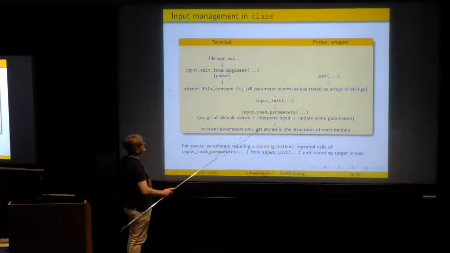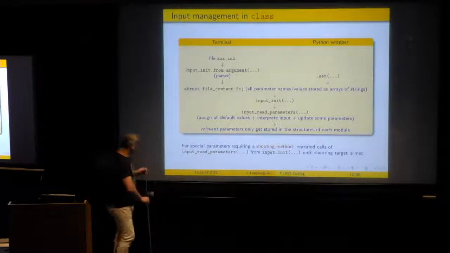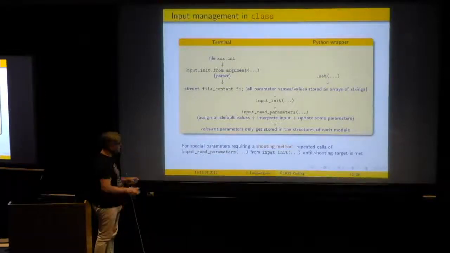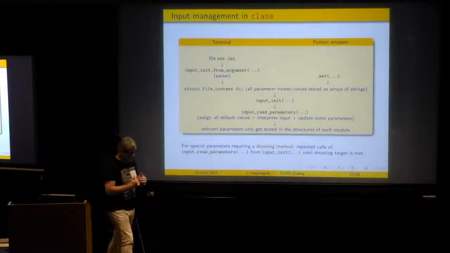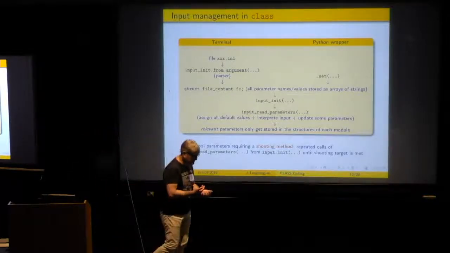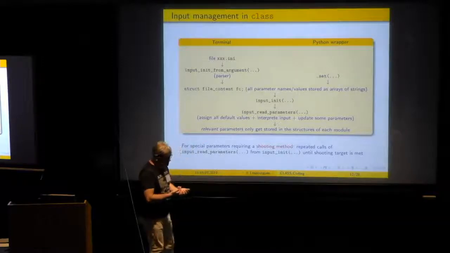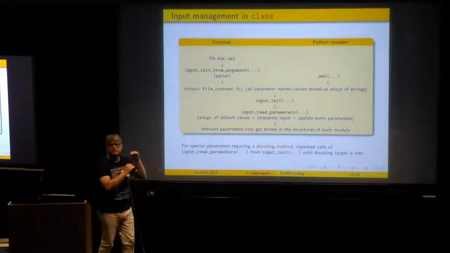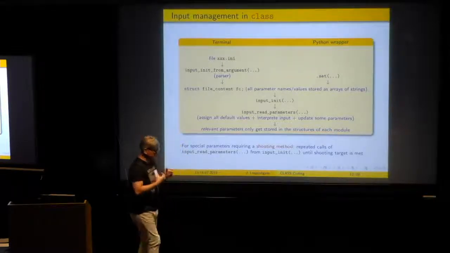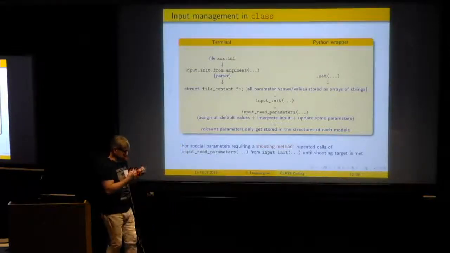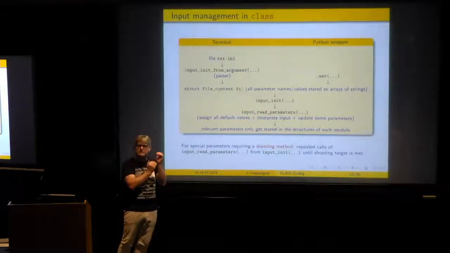At the end, input_read_parameters has figured out the value of all the really relevant input parameters. What are the really relevant input parameters? They are those which are at the beginning of each structure, beginning of background, beginning of thermodynamics. Because in order to run, CLASS, strictly speaking, only needs to know these ones.